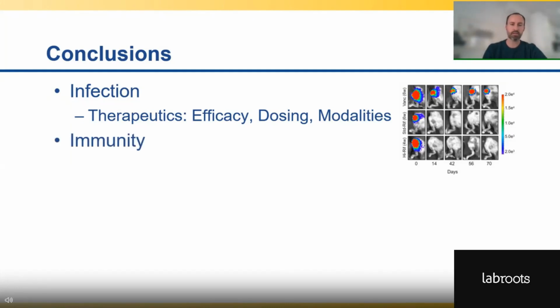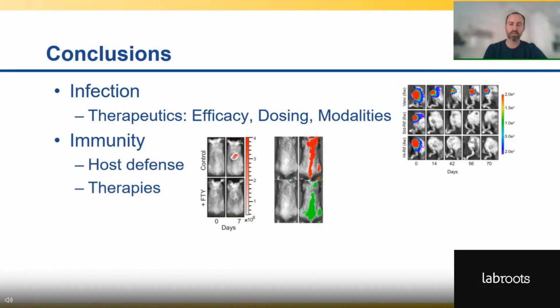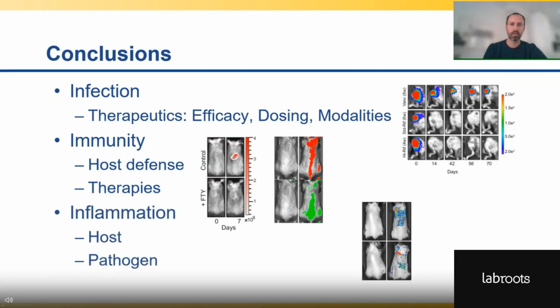Additionally, we were able to understand the immune mechanisms in host defense against Staph aureus infections. This included understanding host defense responses and also the mechanisms that promote clearance of bacteria by new therapies such as vaccines.